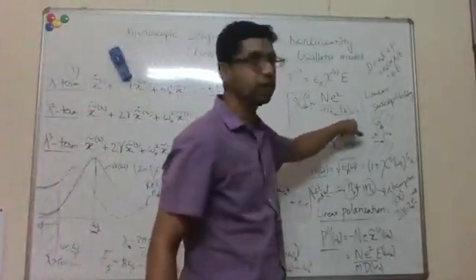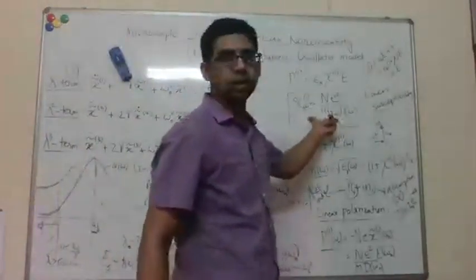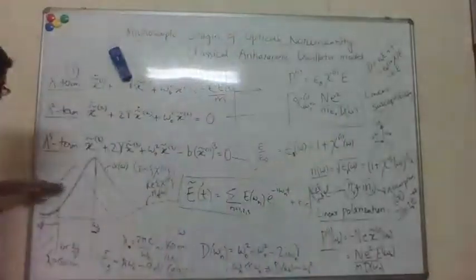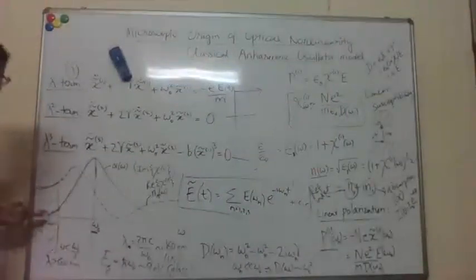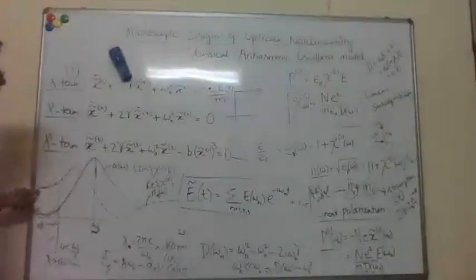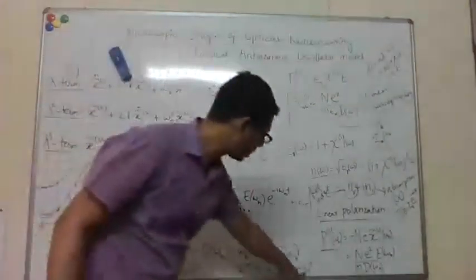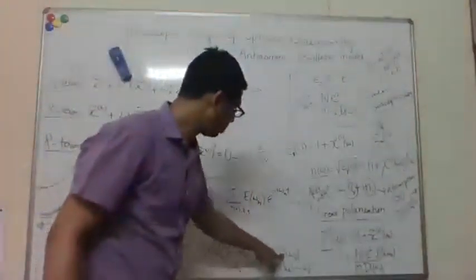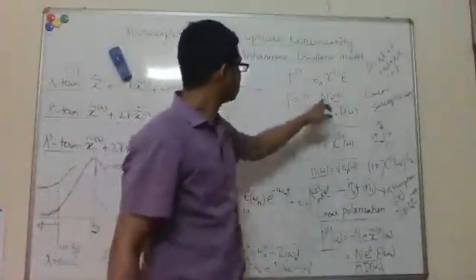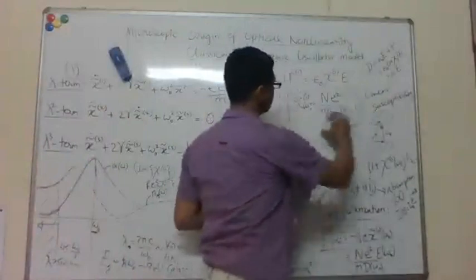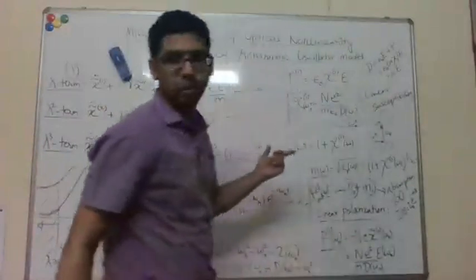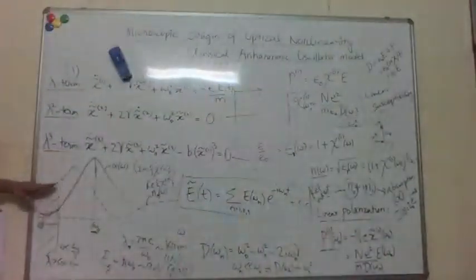If this is just omega naught squared, it's a real number, which means you just have some refractive index, and the imaginary part is 0, so absorption is 0. And also you can see it becomes independent of frequency if you can neglect omega n. So now if this is omega naught squared, then this whole expression is a constant, it doesn't depend on omega anymore. So again, now here the refractive index almost becomes constant.